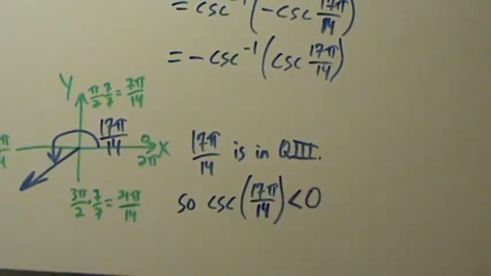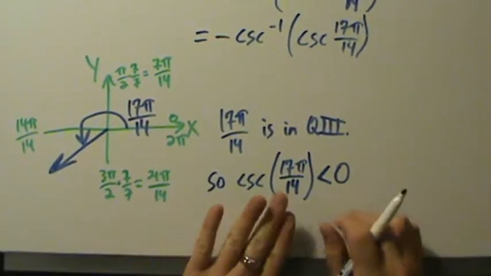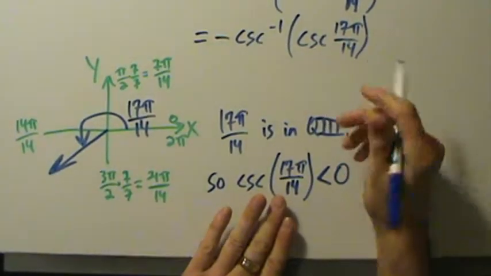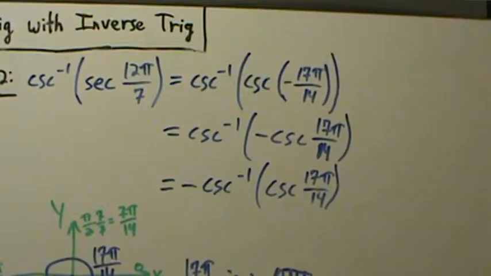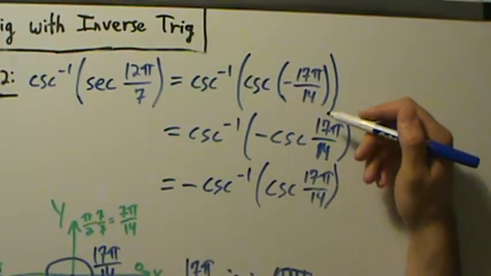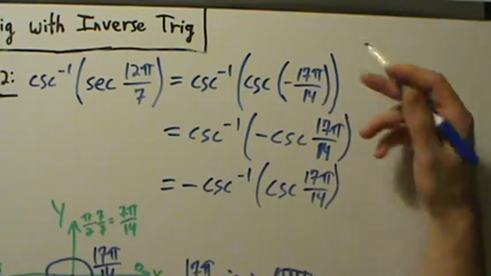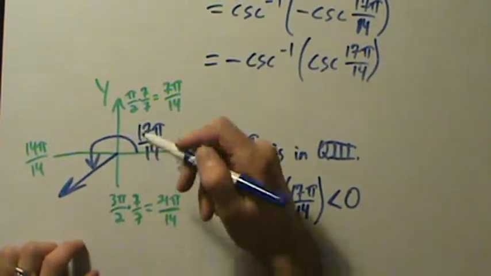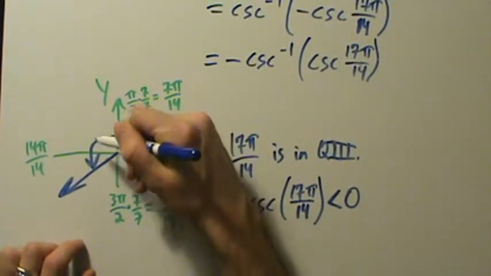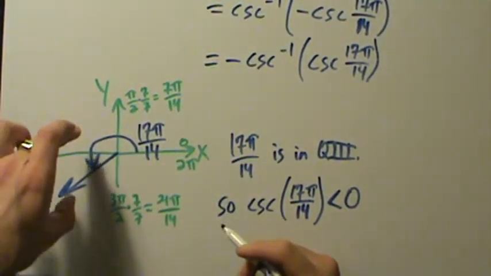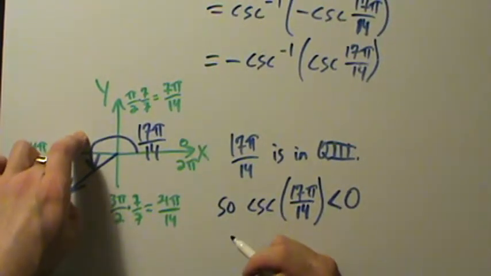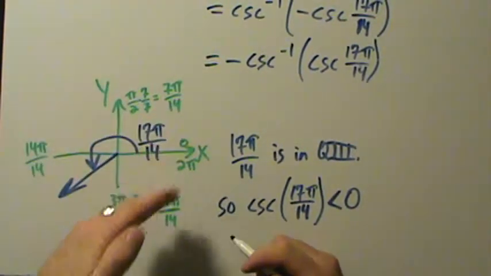Okay, now what we do is find the reference angle. So now that we found this out, we have to find the reference angle. And actually, this is where the odd properties helped us. So if we didn't use the odd properties, then we would end up drawing negative 17 pi over 14. And negative 17 pi over 14 would be, we start here, go all the way around up here. And then before we found the reference angle, we would have to use coterminal angles.